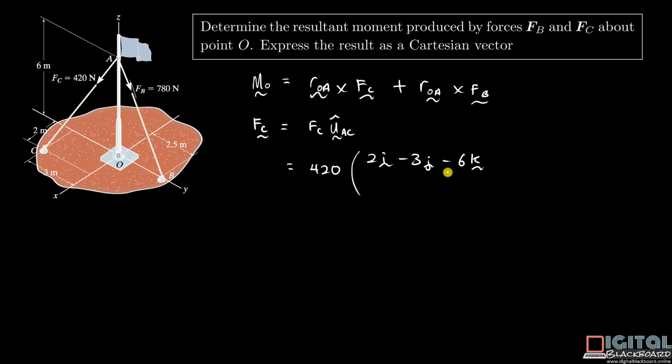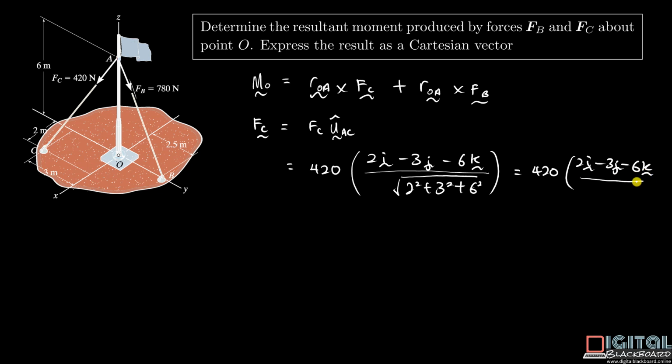And what comes below is actually the magnitude of this vector AC, which is just the square root of 2 squared plus 3 squared plus 6 squared. Right, if you were to do this, you end up with 420 times (2i minus 3j minus 6k) over 7.